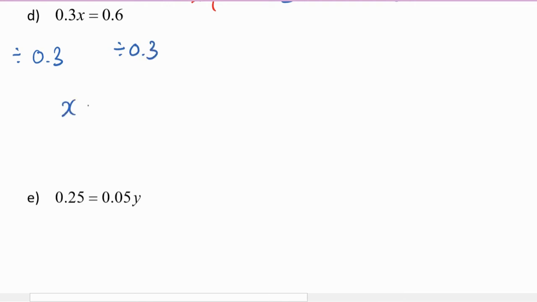Then x will be isolated. 0.6 divided by 0.3: if you have your calculator with you, put this number in and you will get 2.